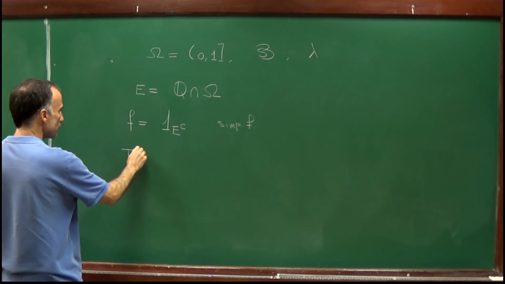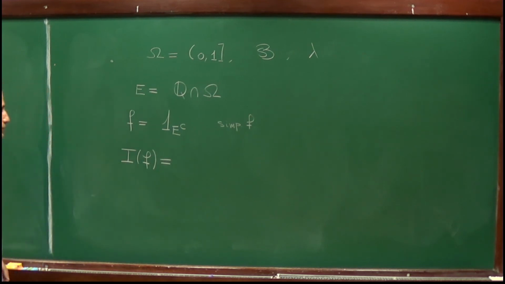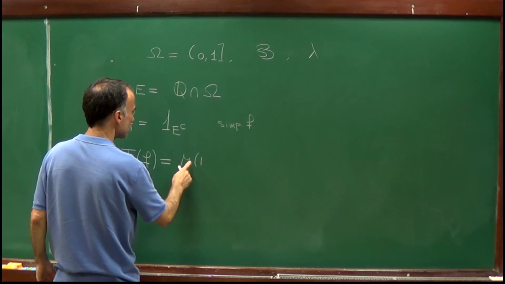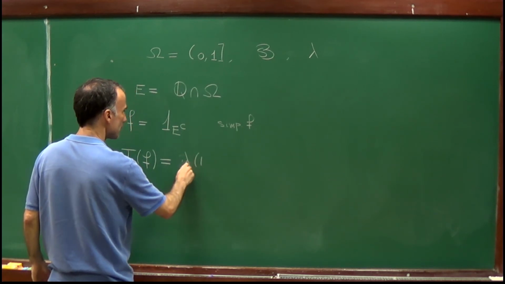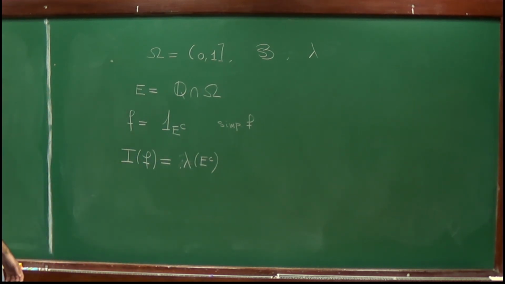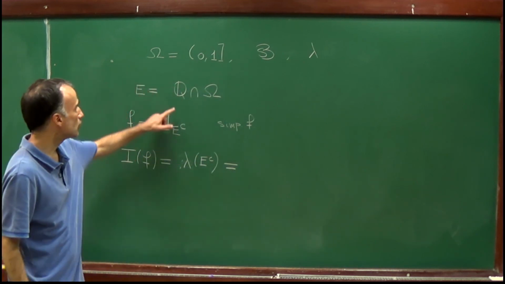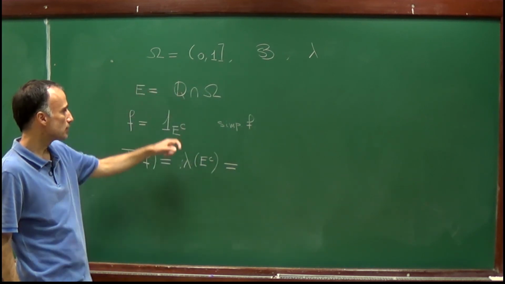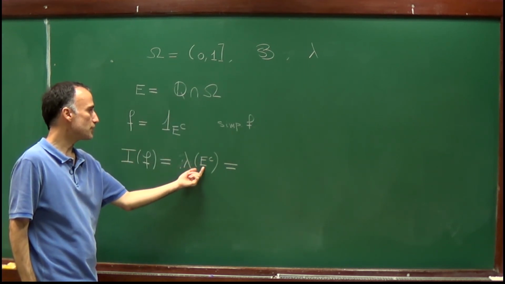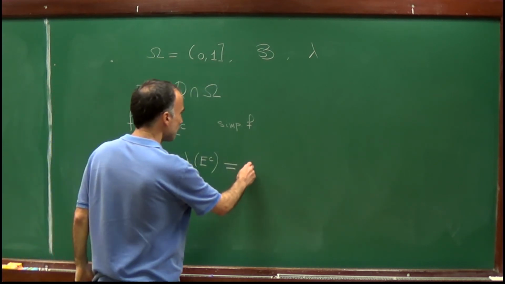So the integral of f, by our previous definition, as it's a simple function, is just the measure, which I'm representing by lambda, of E complement. Well, you can show that the Lebesgue measure of the rational points is 0. So the measure of the complement is the measure of the whole set, but the measure of the whole set is just 1.